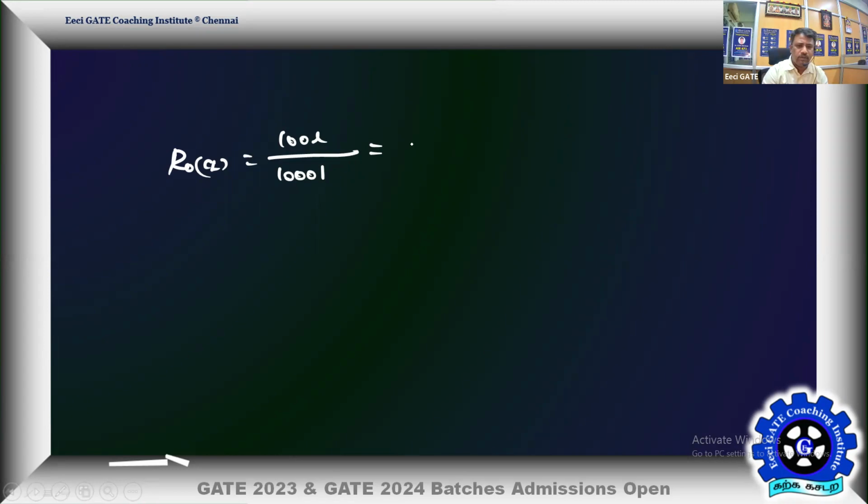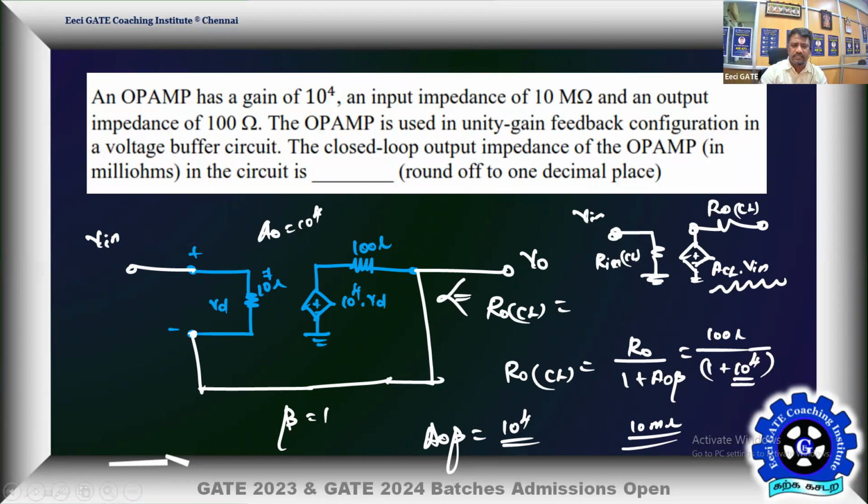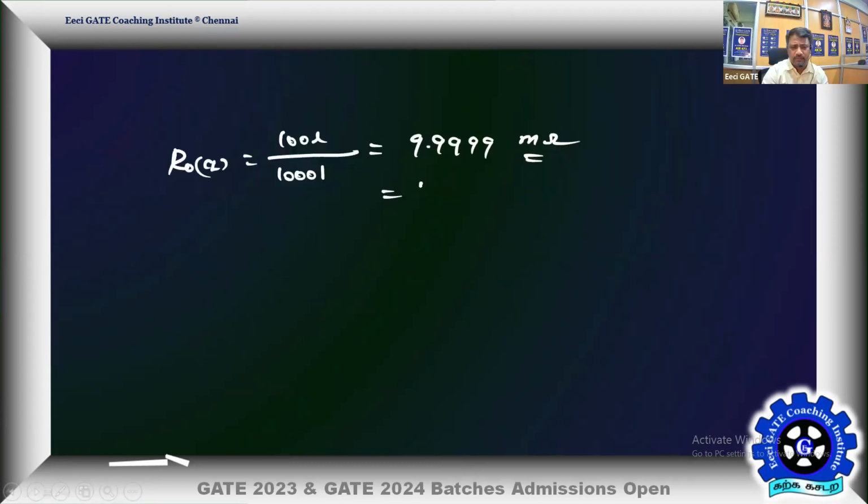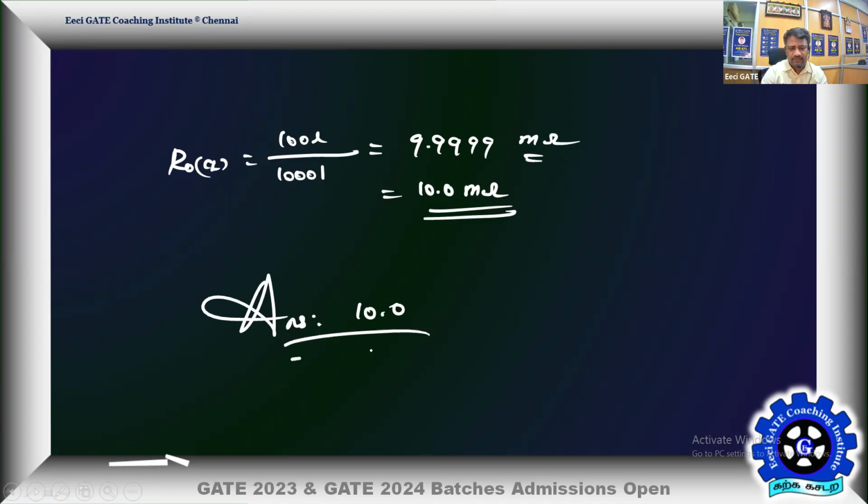It is 9.99999 milliohms. He said up to 1 decimal place, so if you round this off, it is going to be 10.0 milliohms only. So the answer must be 10.0 exactly. Yes, that's a simple, interesting problem exploiting the fundamentals of voltage output, voltage series feedback.